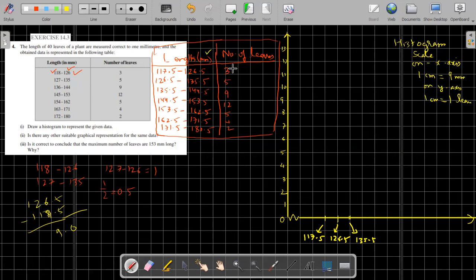So for 117, the first frequency is 3. Where is 3? This is 3. I have started from this point.